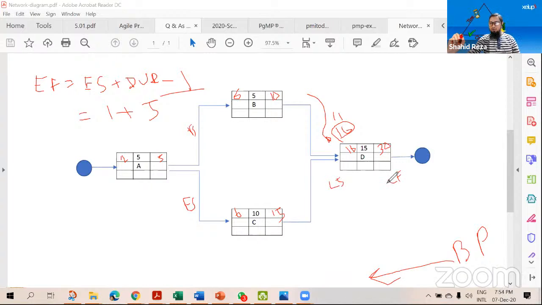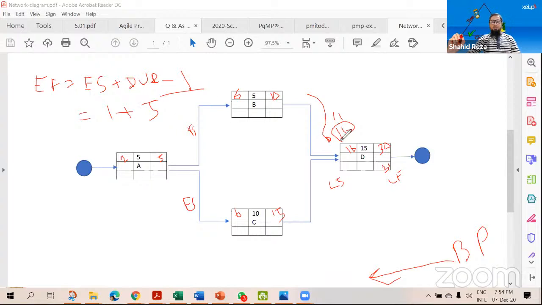We have to start from the last task. In the forward pass we started from the first task, but for the backward pass we have to start with the last task or last node. And we see here the earliest we can finish the task is 30. So late finish will also be 30.